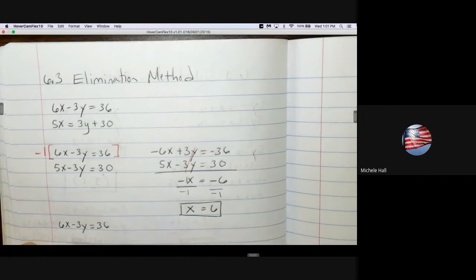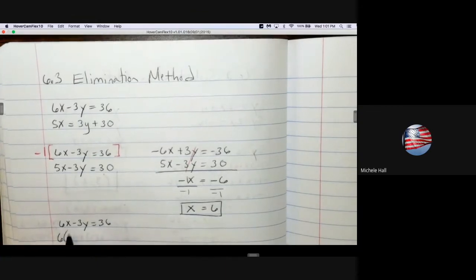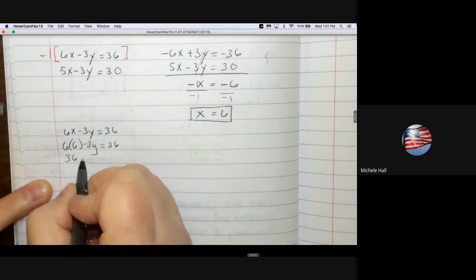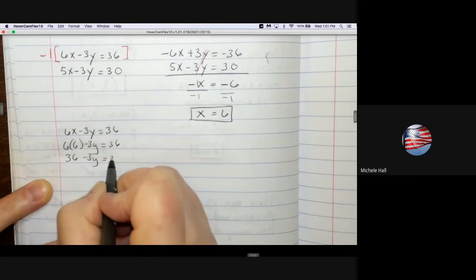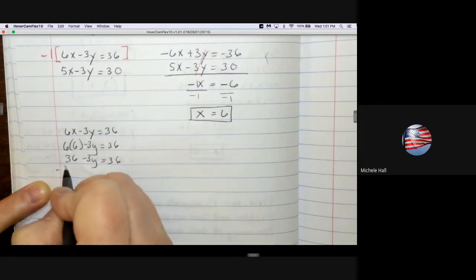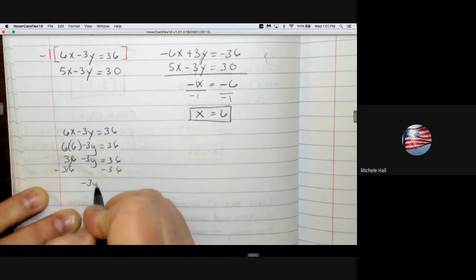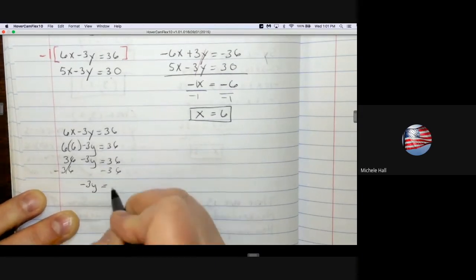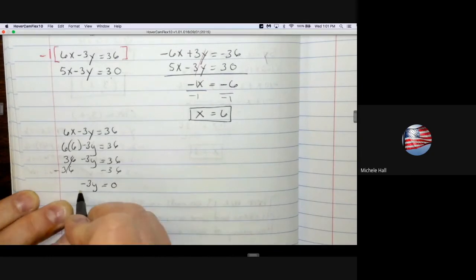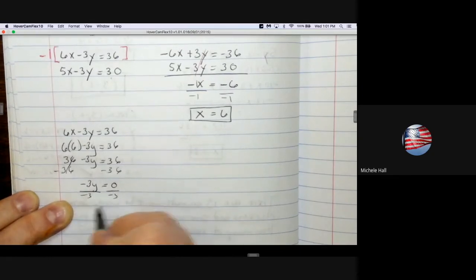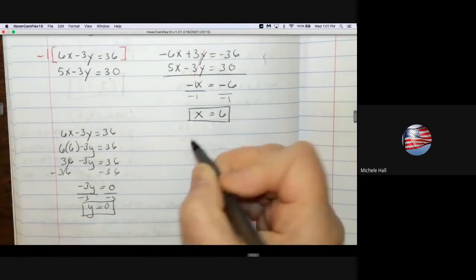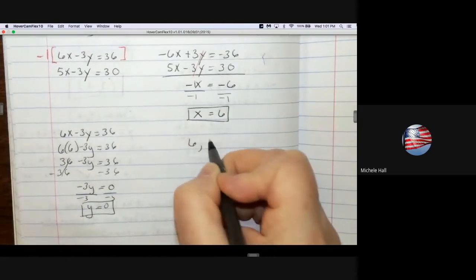Substituting in for x, that's 6 times 6 minus 3y equals 36. We have 36 minus 3y equals 36. When I subtract 36, I get negative 3y equals 36 minus 36 is 0. And when I divide by negative 3, I get y equals 0. The solution then would be 6, 0.